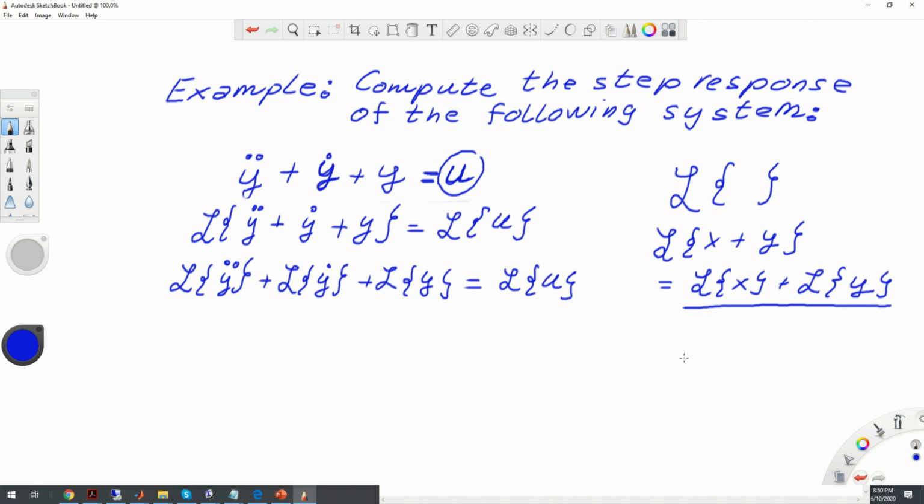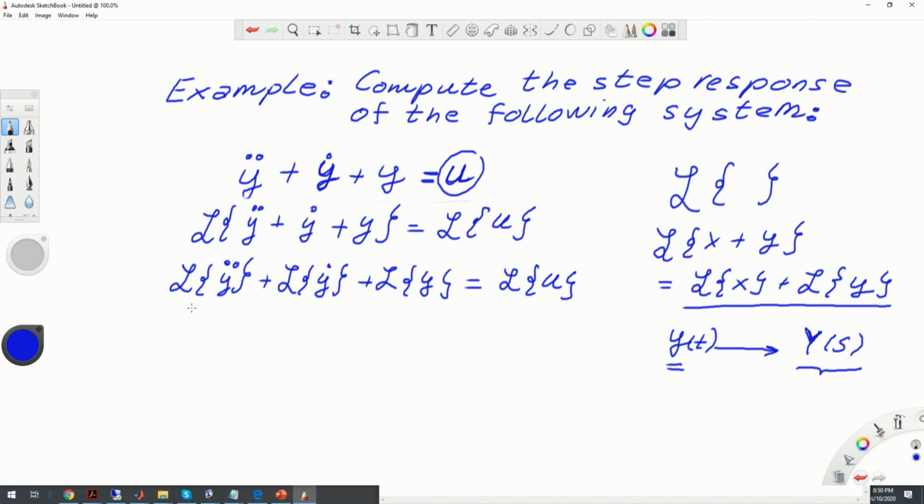Now, our convention will be: if a function in the time domain is denoted by lowercase letters, for example, this is basically y, right, in the time domain, in the S complex domain, this will become y of s. So we have lowercase y of time. In the Laplace or complex domain, this will become capital Y of s.